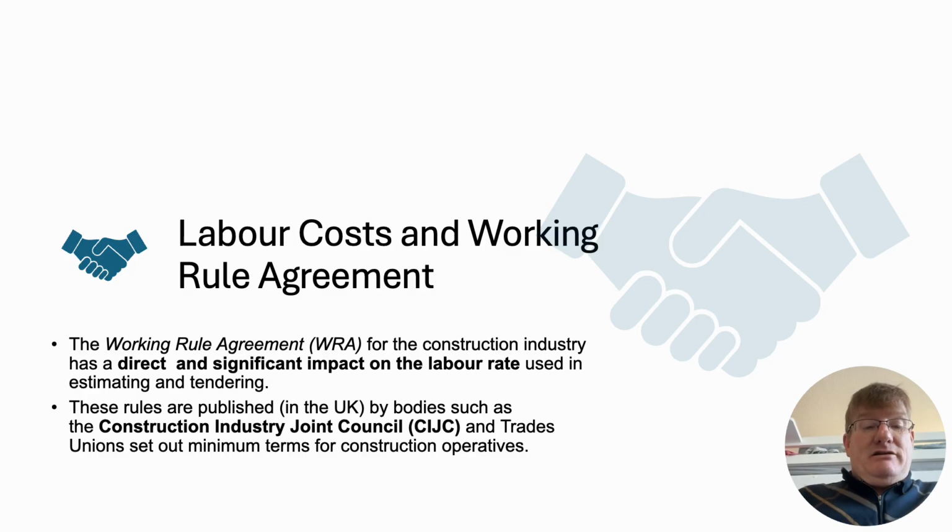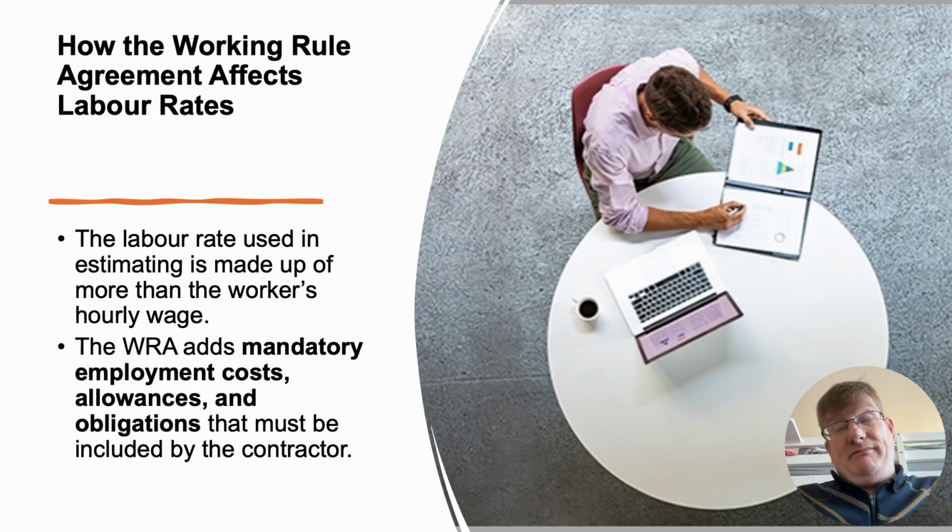It's basically a minimum amount we should be paying for a particular type of labourer, whether it's an operative, and there are different classes of operative, depending on how skilled they are, whether they are semi-skilled or unskilled, or whether they are craftspeople, bricklayers, carpenters, plasterers.